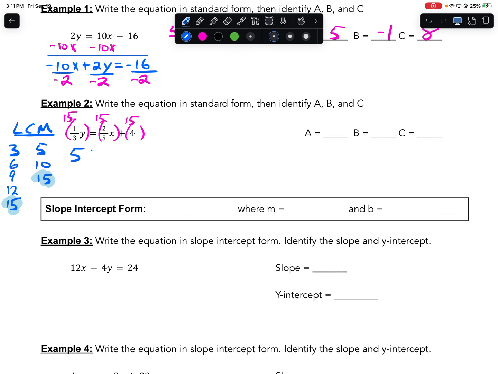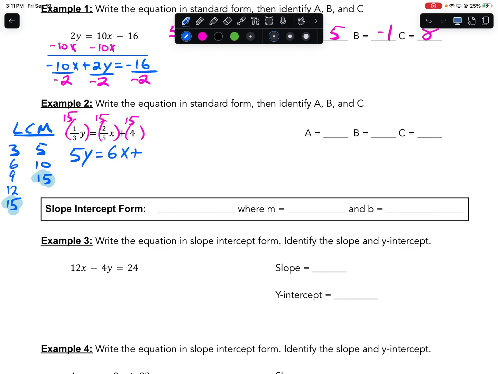Not hard. I made you panic, didn't I? Jonah, 15 times 2? 30. Divide by 5? 30 divided by 5. 6.